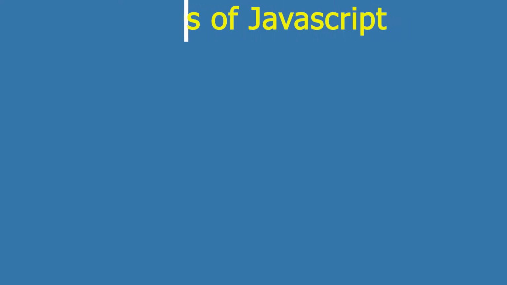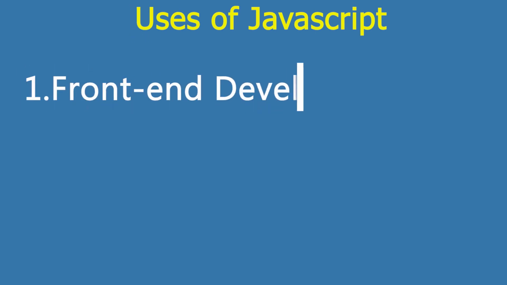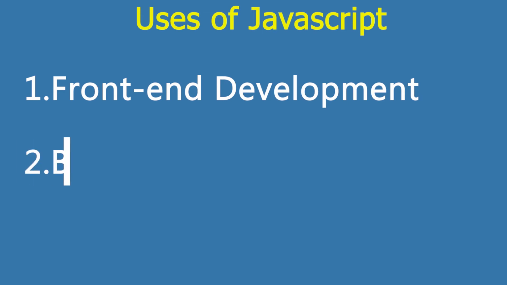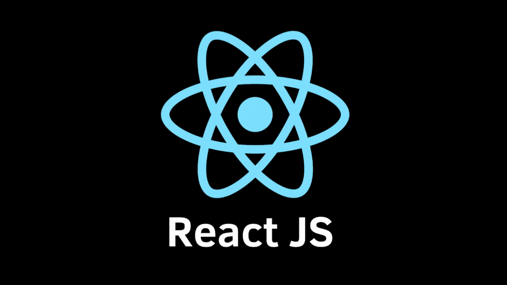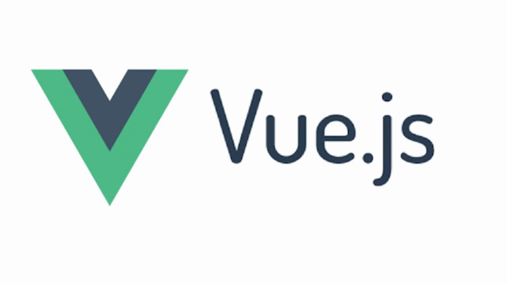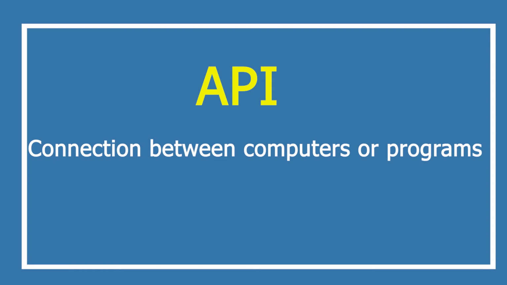There are two uses of JavaScript and why you should adopt it. Number one, it's used for front-end development. I think we've talked about that, where you can develop nice features such as drag and drop and all that. And also you can develop your backend web application using frameworks such as React, Vue, Angular, so that you can connect to your database, and through APIs you can send the data that you get from your database back to the front end.